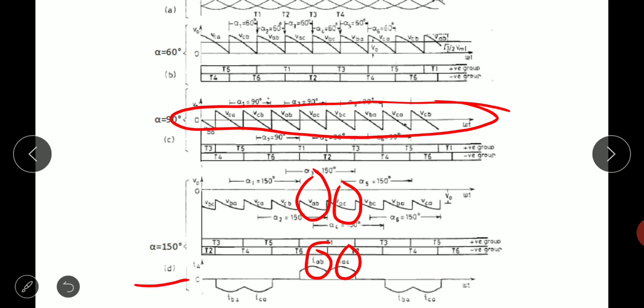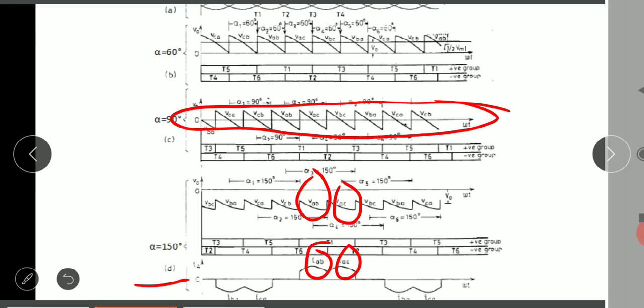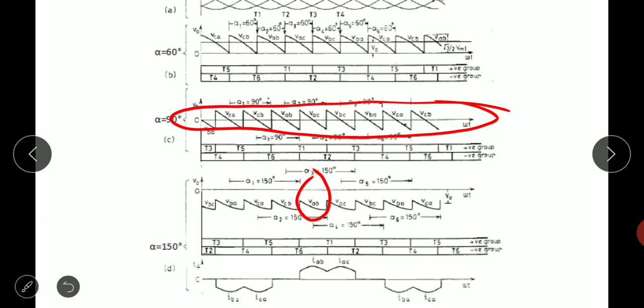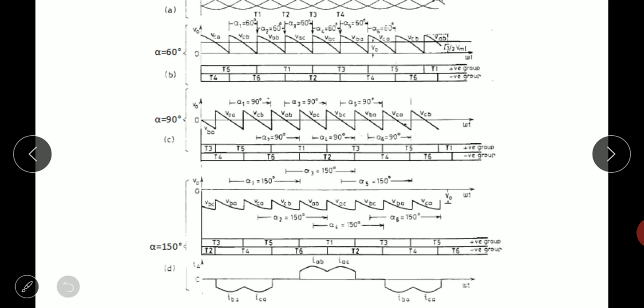We have only analyzed A phase. If we want to analyze B phase, then we will have IBC current here and IBA current here. Since it is A phase, we will only check where there are A suffix, IAB and IAC. And when voltage is reversed, the current will be reversed.